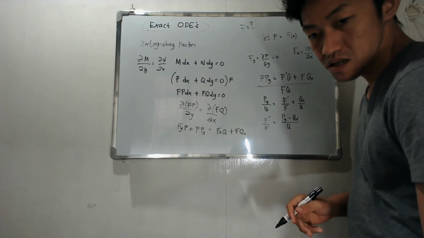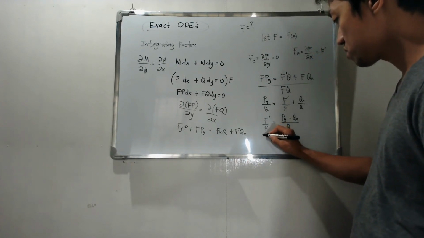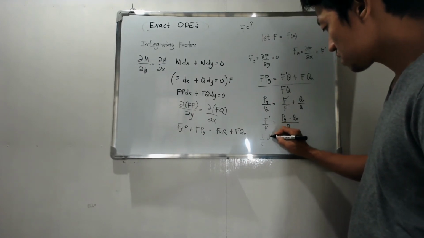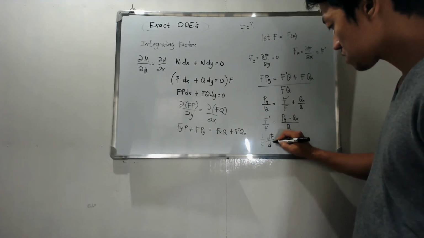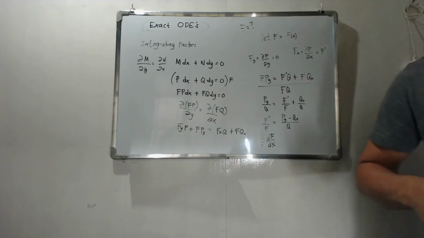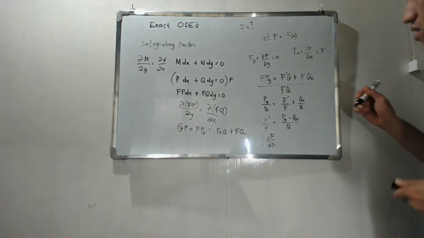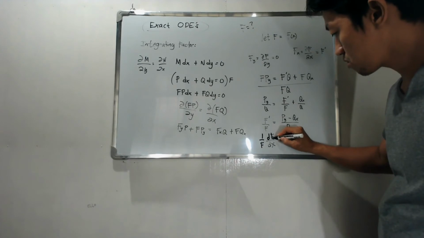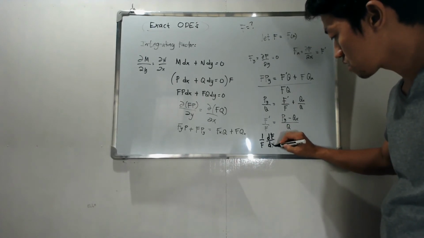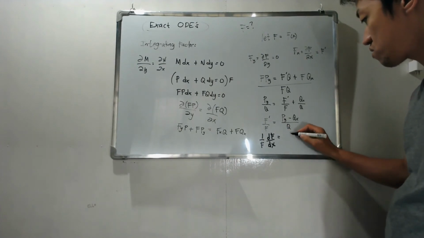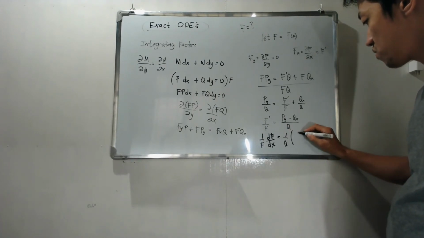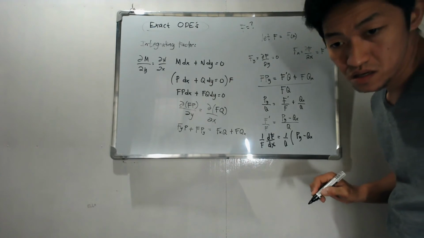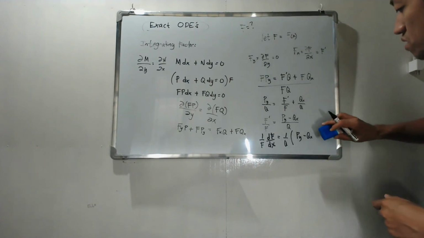This is just equal to 1 over f times f prime, the derivative of f with respect to x, equal to 1 over Q times P sub y minus Q sub x.